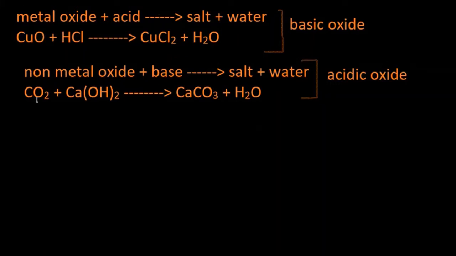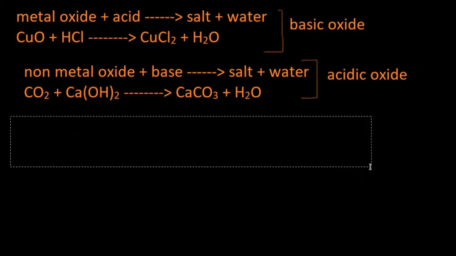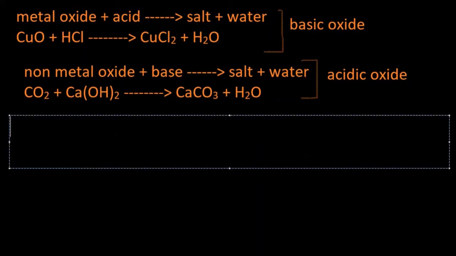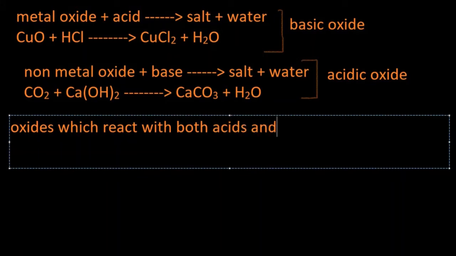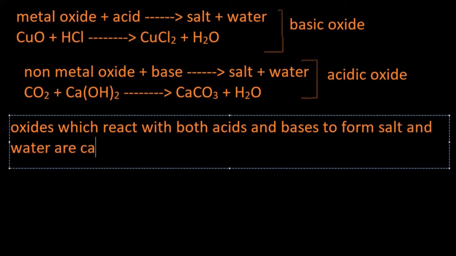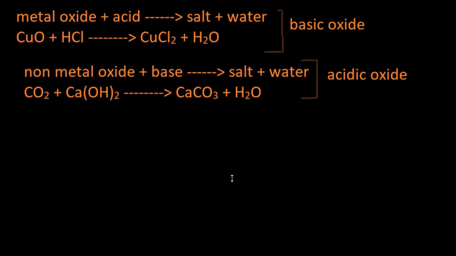And we have seen that there are some oxides which react with both acids as well as bases to form salt and water. So oxides which react with both acids and bases to form salt and water are called amphoteric oxides. An example of such an oxide is zinc oxide.